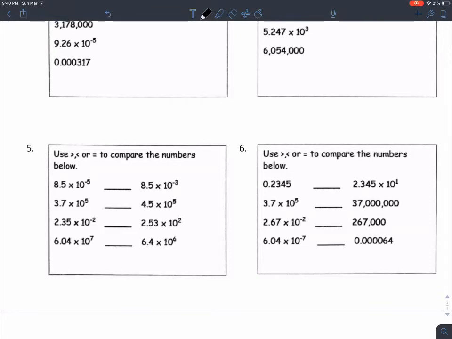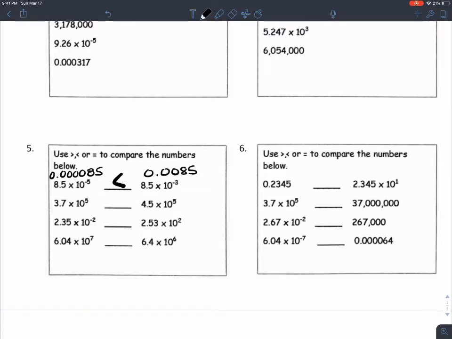So for this one here, your number would be like that. And the number over here. So for here, I would be saying that my right number is greater than my left number.